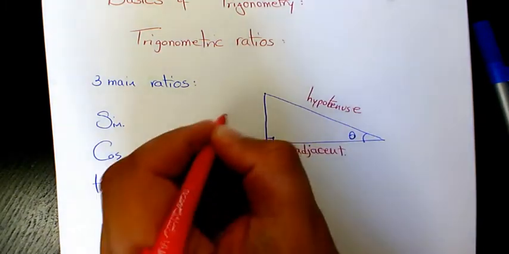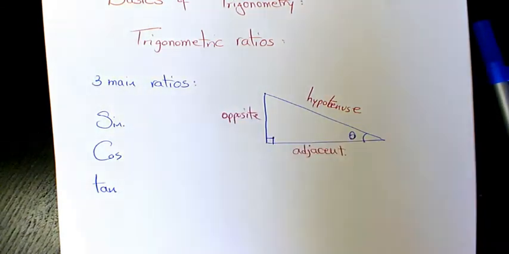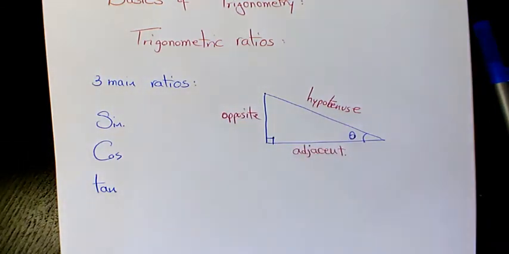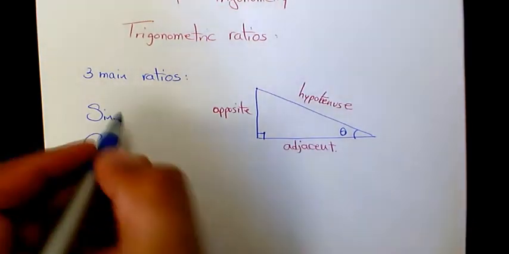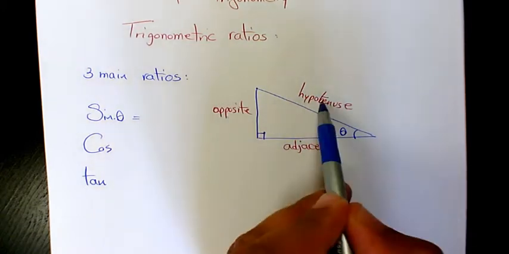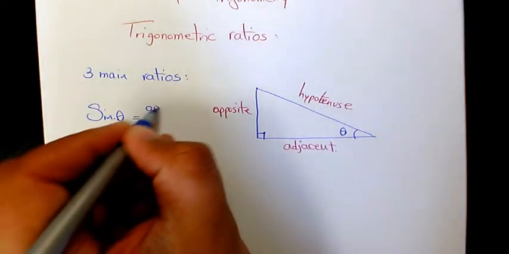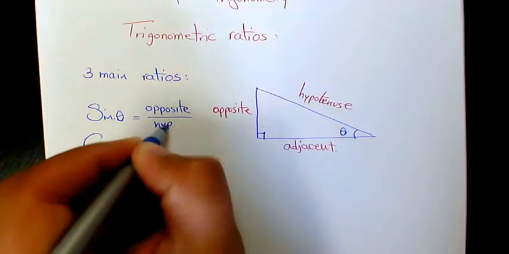And this side is going to be opposite to the theta angle. So now when we want to define sine, sine is going to be opposite divided by hypotenuse. So it's going to be opposite over hypotenuse.